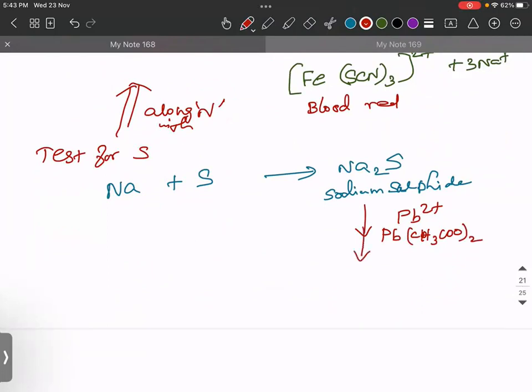That's why you are getting Pb2+ from here only. So it will be precipitated as lead sulfide, the black precipitate.